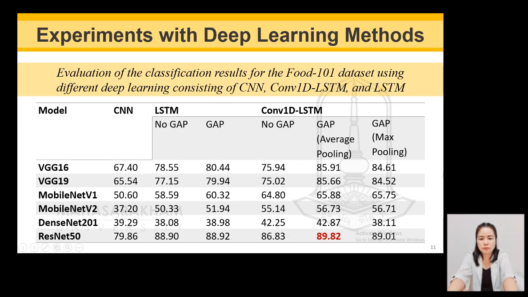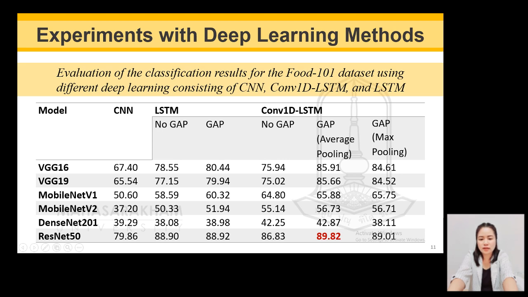This table presents the accuracy results on the test sets of the Food101 dataset for CNN, LSTM, and Conv1D LSTM networks. The results show that the Conv1D LSTM obtained the best performance with 89.82% accuracy when extracting features with ResNet 50. As a result, the Conv1D LSTM network by using average pooling and GAP shows better accuracy than other approaches.